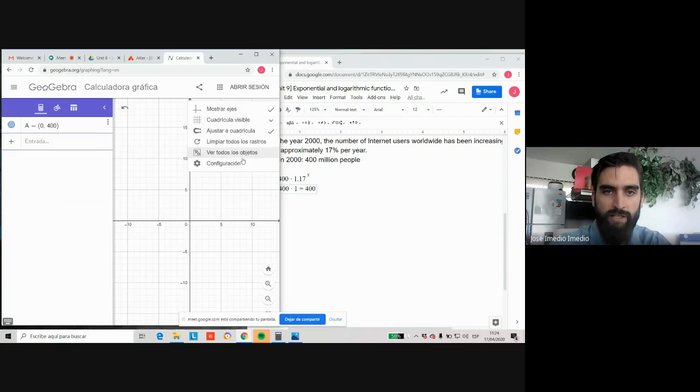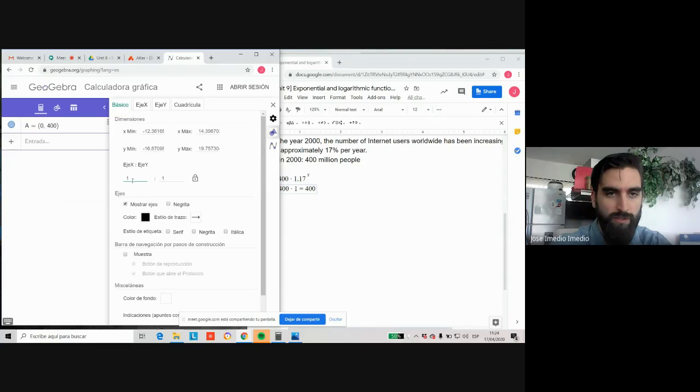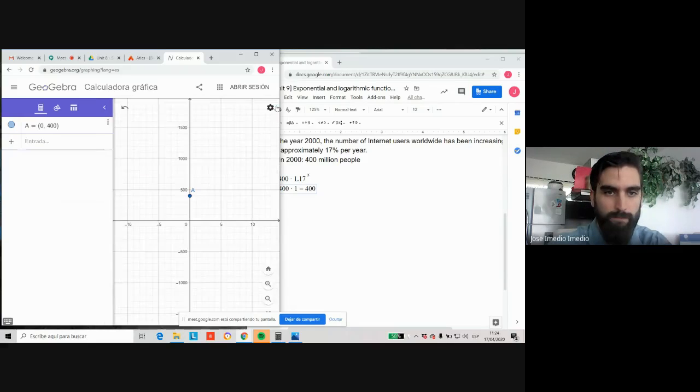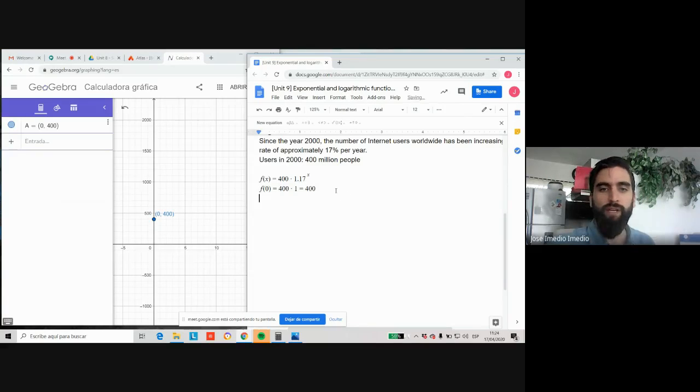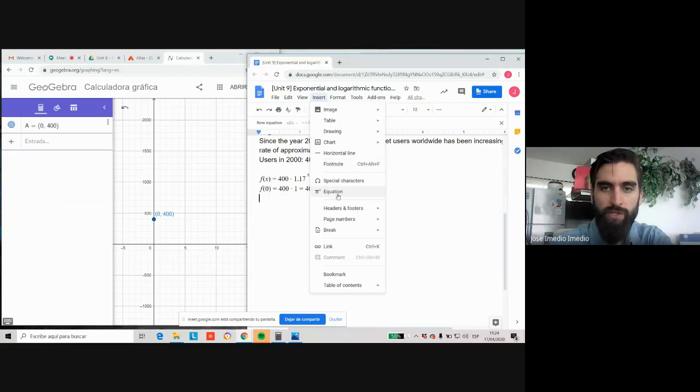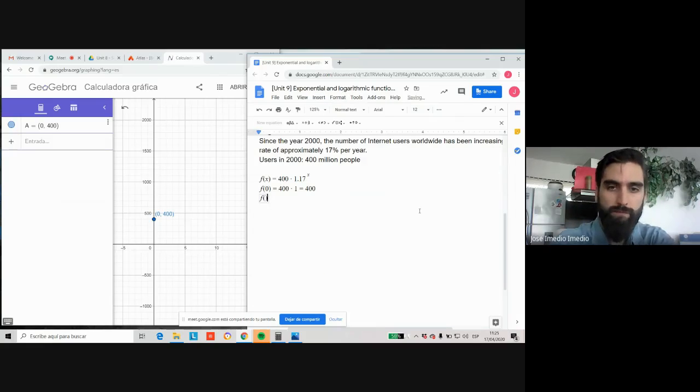And let's change the configuration, the settings of the axis. Okay, the point 0, 400. So if we give it another value here, let's make f of 1.